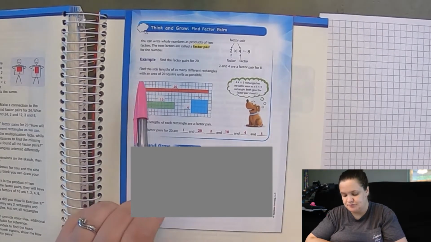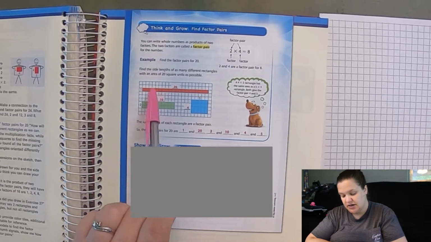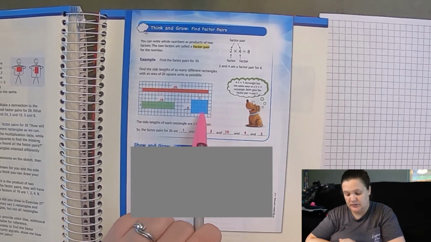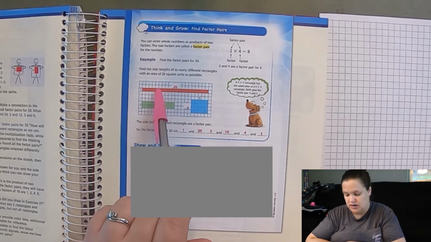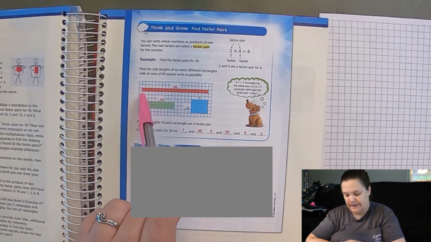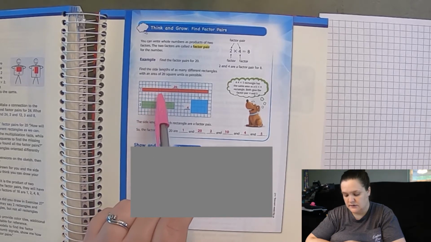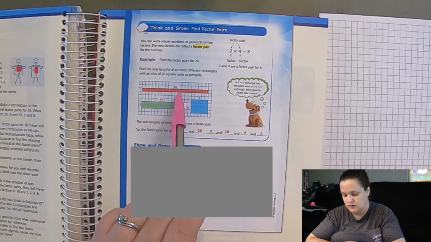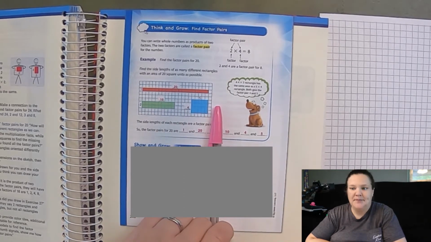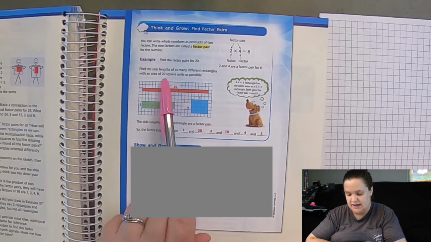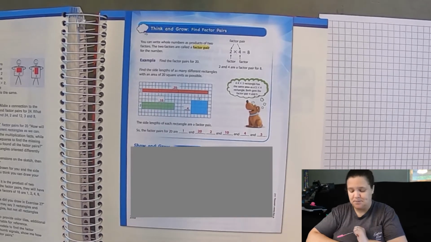Here they give us 3 different rectangles. Our first one has a side length of 1. You would count them up: 1, 2, 3, 4, 5, 6, 7, 8, 9, 10, 11, 12, 13, 14, 15, 16, 17, 18, 19, 20. So this one has 1, and then up here is 20.